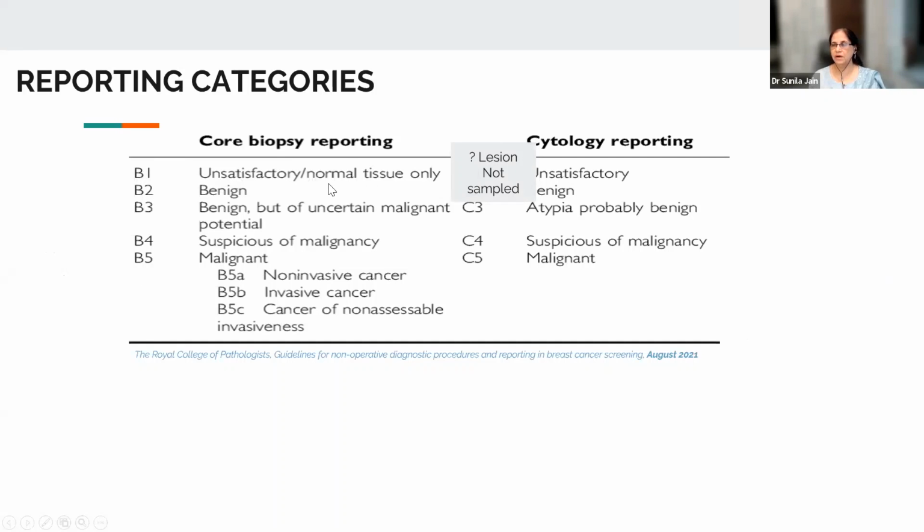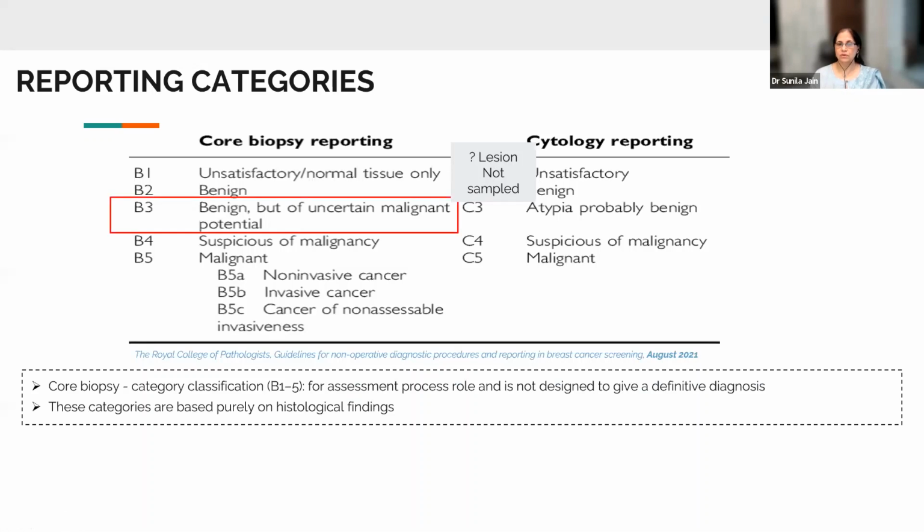But a B1 lesion may include only normal elements, and it is very important to see whether the lesion has been targeted or not. So it is a multi-team decision to find that out. When we have a specific benign diagnosis like fibroadenoma, that is B2. I will be mainly dwelling on the B3 category, which is of uncertain malignant potential, and then B4 and B5.